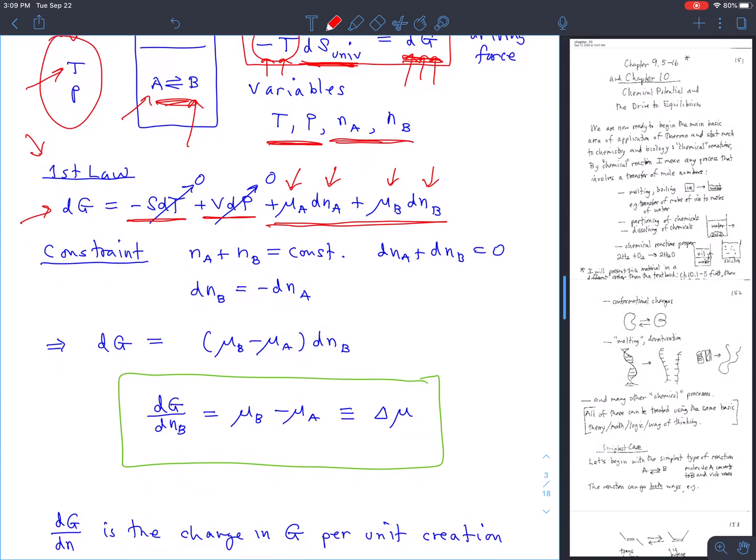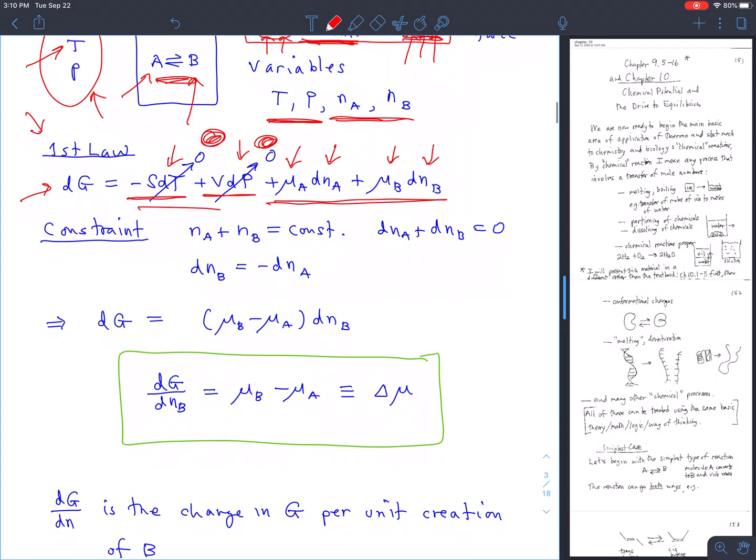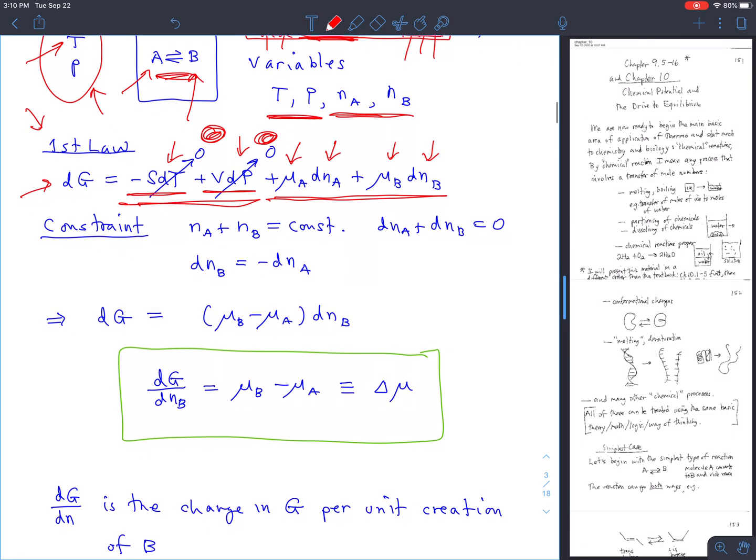We have a couple of constraints, actually three constraints. First of all, the temperature has to stay constant, right? If we're talking only about equilibrium states, and we have a T bath present, then that means this dT has to be 0, and likewise the pressure has to stay constant, so the dP is equal to 0. So these first two terms just disappear. That's one of the big reasons for using Gibbs free energy like this.